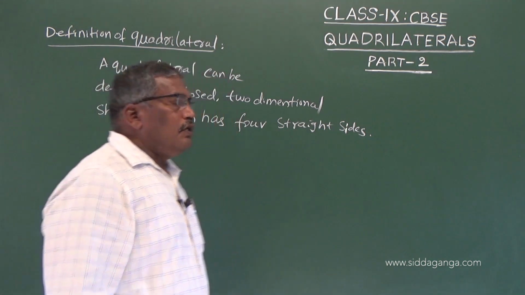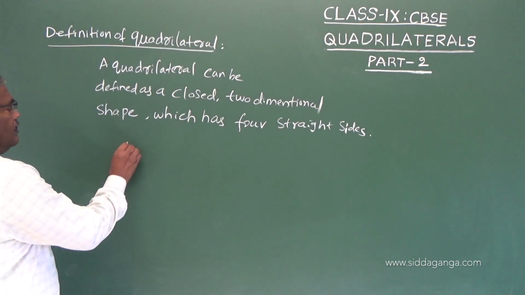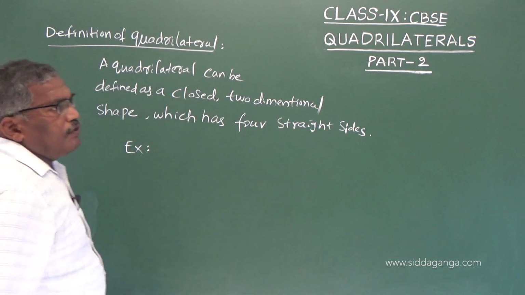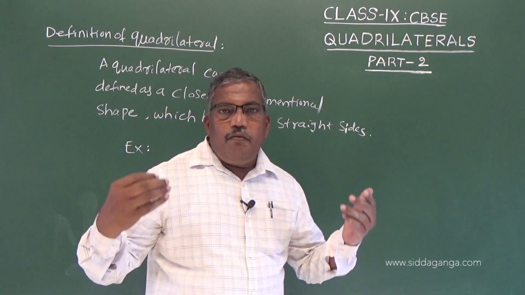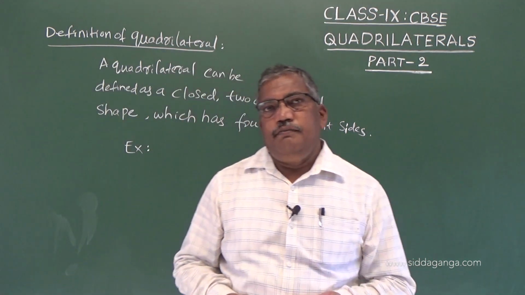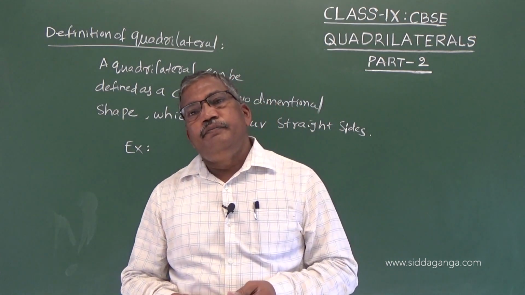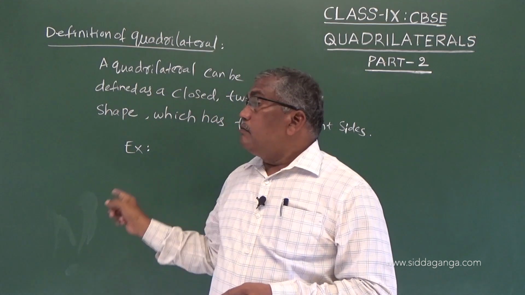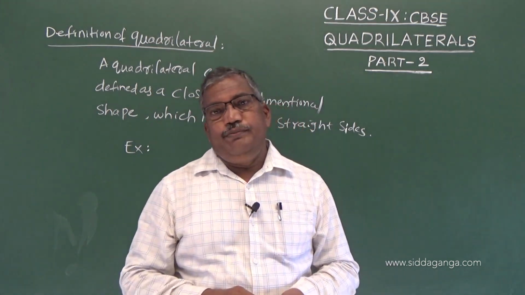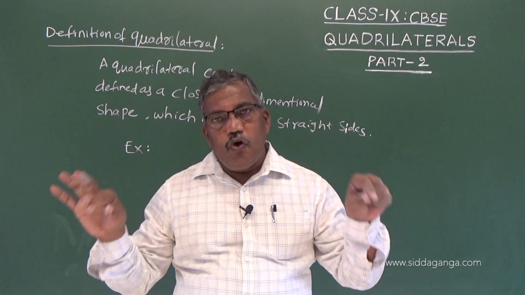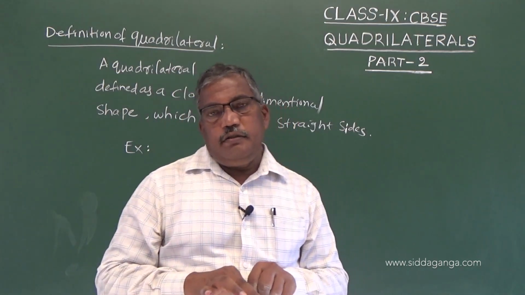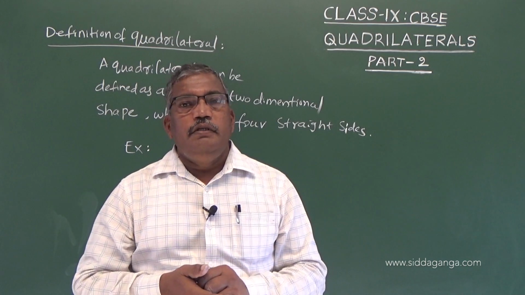So you can write some examples. In day-to-day life you will see a lot of quadrilaterals. For example, the classroom board has 4 corners and 4 straight lines, 4 sides, which is a quadrilateral.